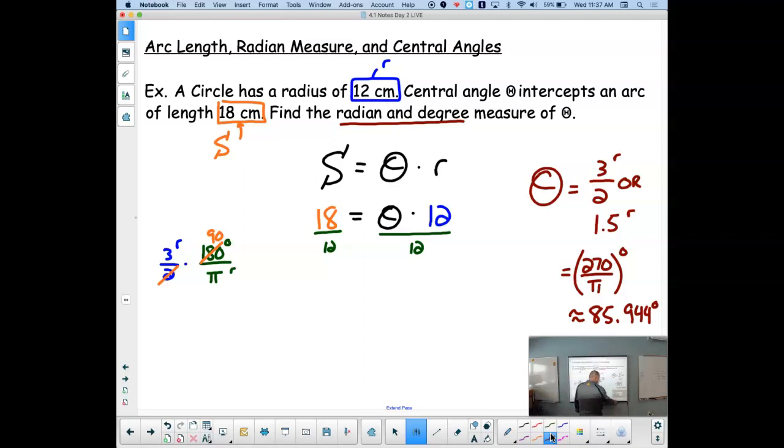And those, ladies and gentlemen, would be the two answers of theta that we would be looking for. Okay?